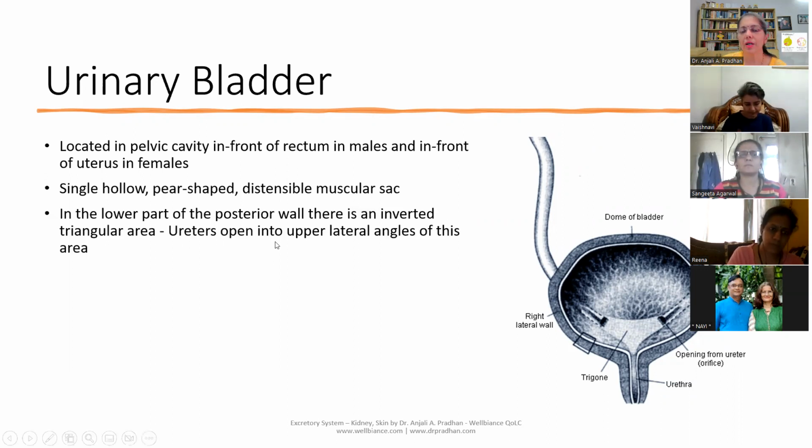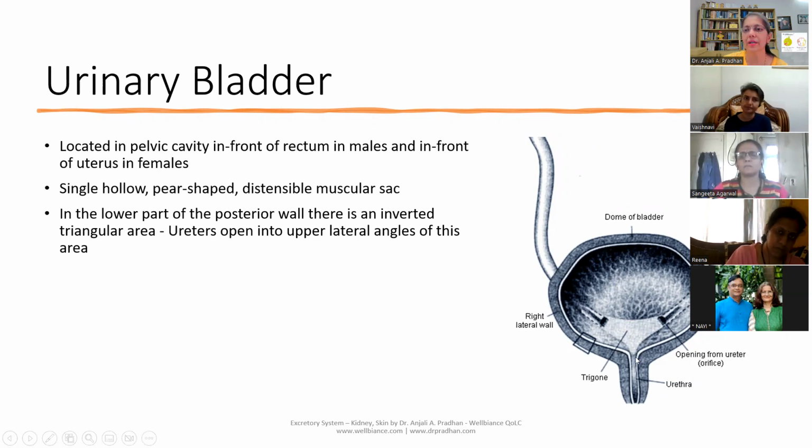See, in the lower part of the posterior wall, there is an inverted triangular area. This is inverted triangle. Inverted यानी उल्टा है. So base is ऊपर है and apex जो point आता है triangle का, that is नीचे है.